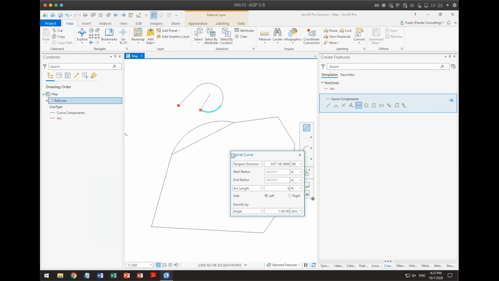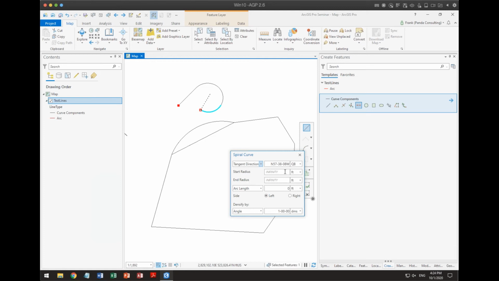Spiral curves are used a lot in railroads, railroad rights of way, and some Departments of Transportation use spiral curves a lot, even in the right of way descriptions. So there is a couple things. There is a direction, just like everything else. What is the starting radius and what is the ending radius?